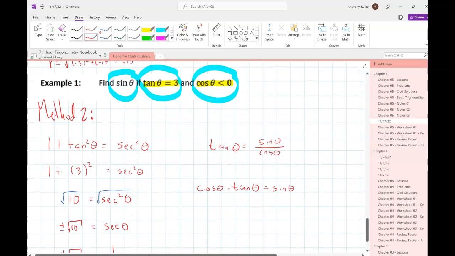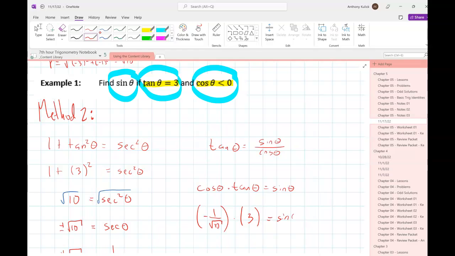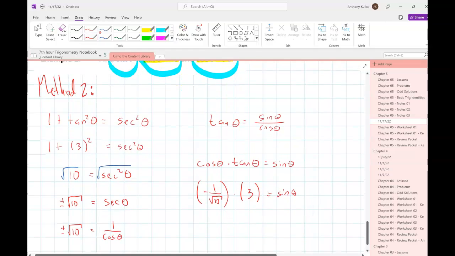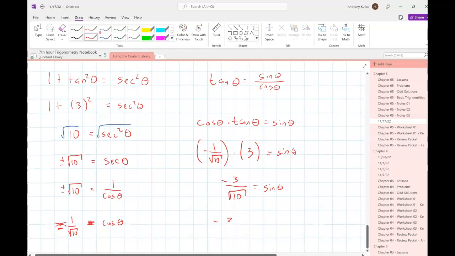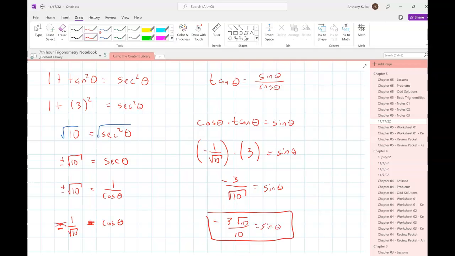Cosine, we just found, was negative 1 over the square root of 10. Tangent, we're told in the problem, is 3. If I multiply those together, I get negative 3 over square root 10. And then we probably rationalize our denominator. And we have the same answer that we did before.